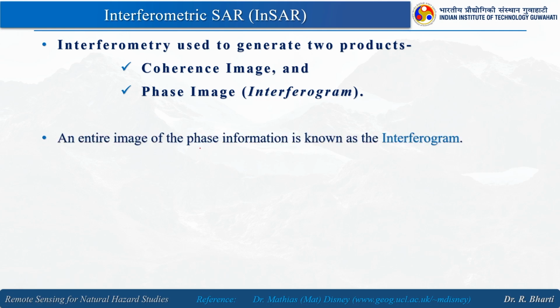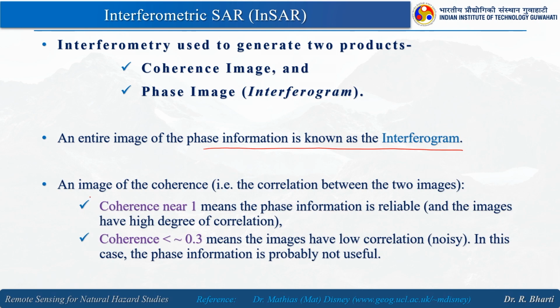An entire image of the phase information is known as the interferogram. An image of the coherence is the correlation between the two images. The word coherence itself means correlation, how coherent these two are with each other. Coherence near 1 means the phase information is reliable, that means both the images can be used together and the images have a high degree of correlation.